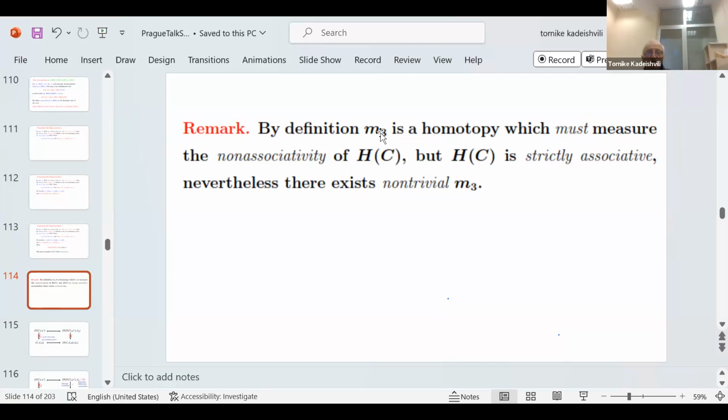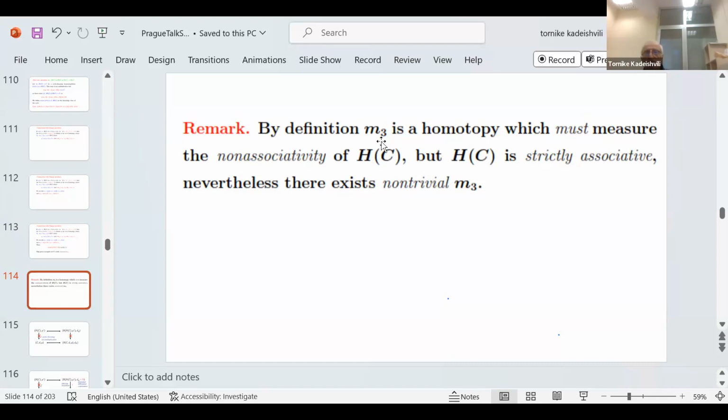There is one strange thing. Another name of infinity algebra was strong homotopy associative. Operation M3 was measuring non-associativity. But here it appears in homology, and it is strictly associative. So it is strictly associative.